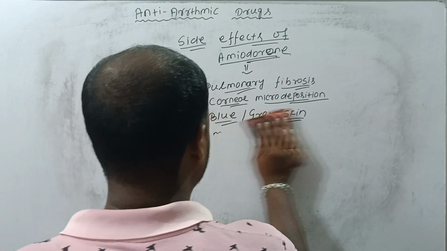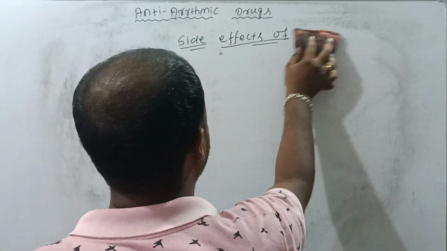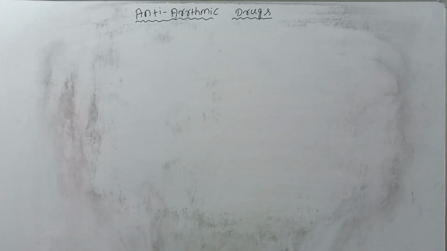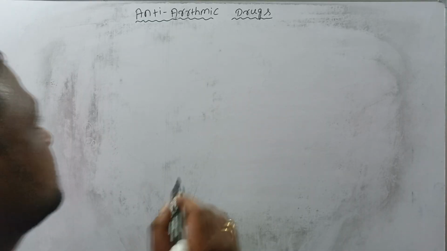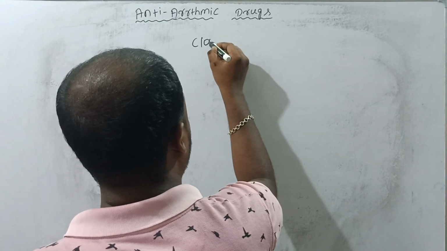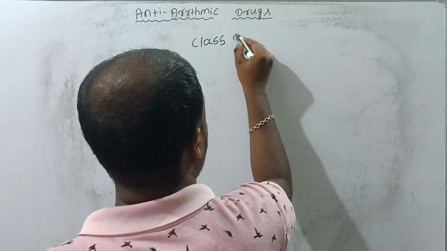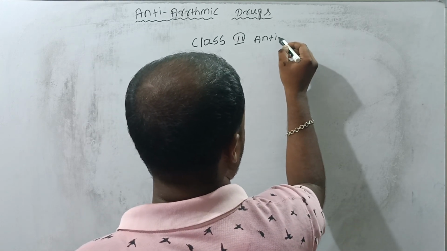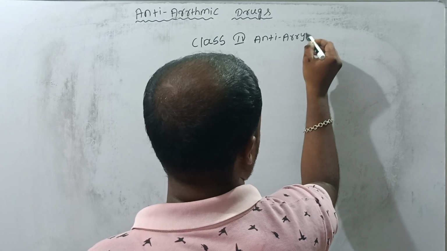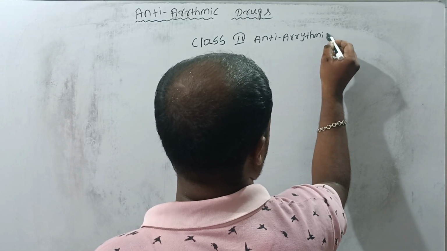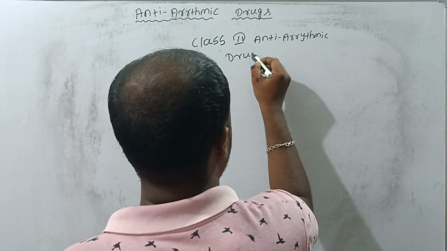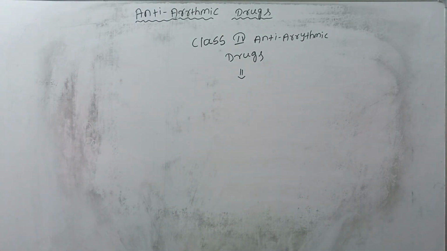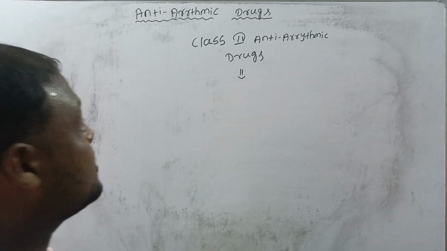Then the class 4 antiarrhythmic. Clear? That is the class 4 antiarrhythmic drug.